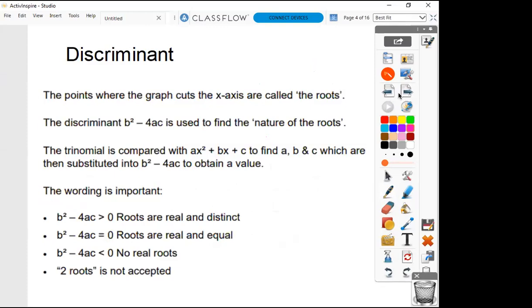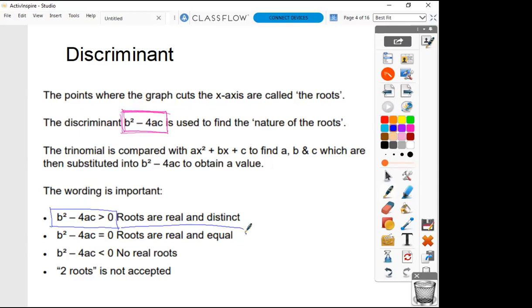What we're doing is called finding the discriminant. The points at which the graph cuts the x-axis are called the roots. The discriminant is b squared minus 4ac, which is in your formula sheet as part of the quadratic formula. It's used to find the nature of the roots, and it's very important that we refer to it in the correct manner. Once we substitute in all our numbers, if we get a value greater than 0, we need to state in the question that the roots are real and distinct.